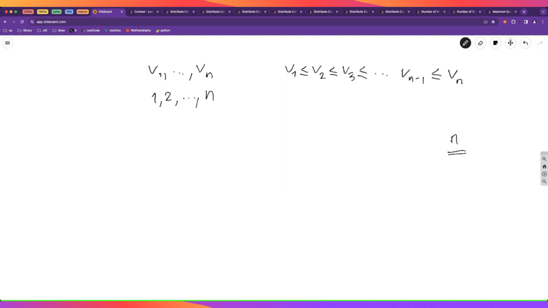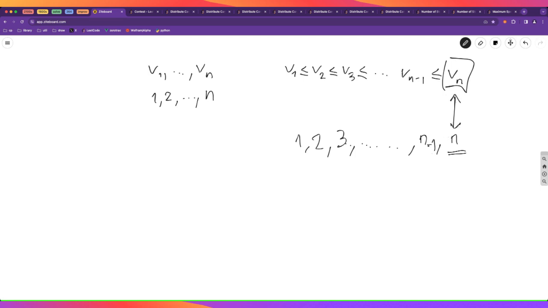So which one? n is the maximum that we can get, then we're going to get n minus 1, and so on. If we can get n of them, let's take the maximum, right? So let's pair this with this one.